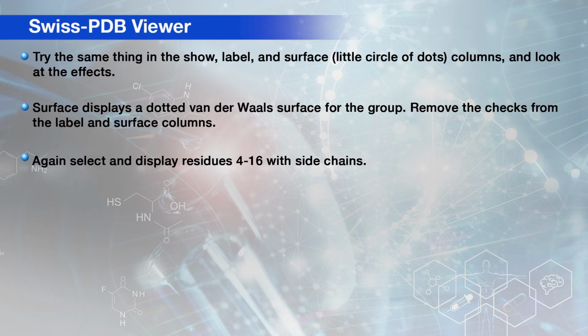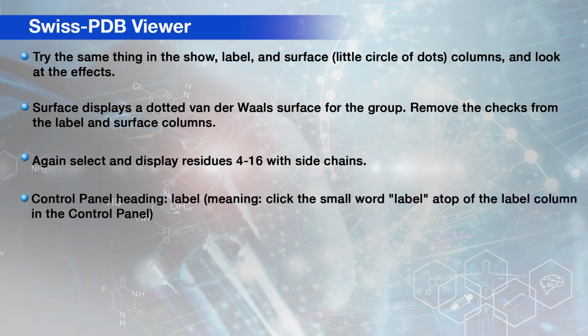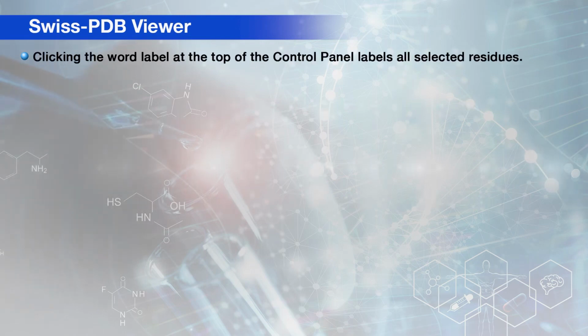Again select and display residues 4 to 16 with side chains. Control panel heading: Label. Click the small word label at the top of the label column in the control panel. Clicking the word label at the top of the control panel labels all selected residues.